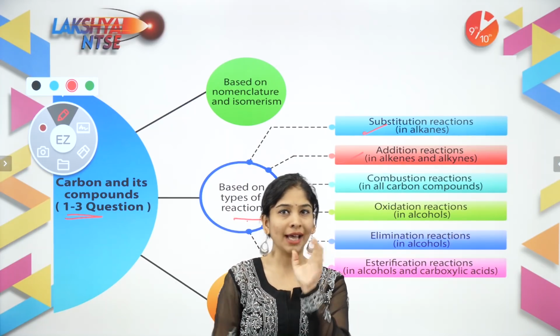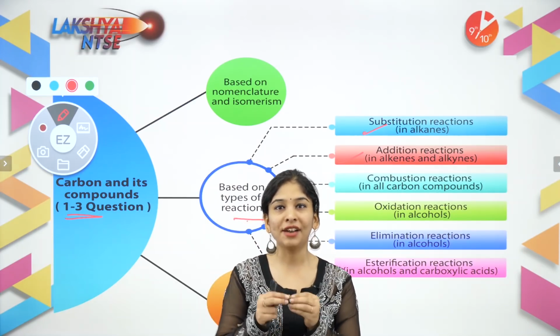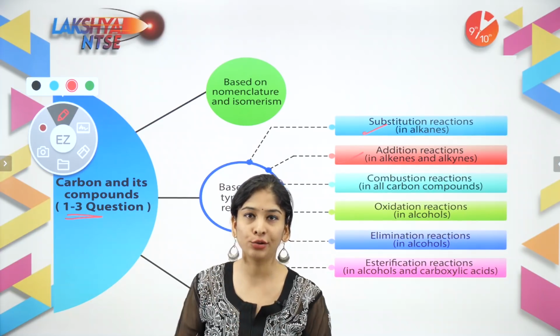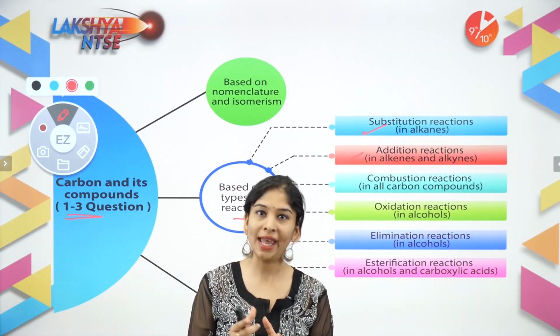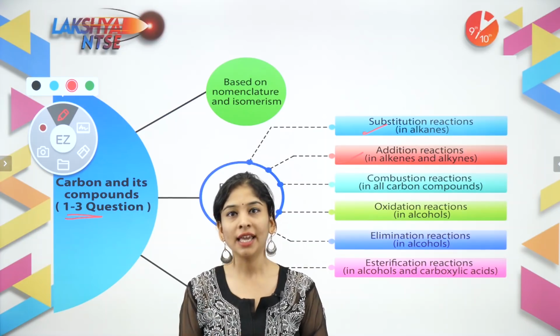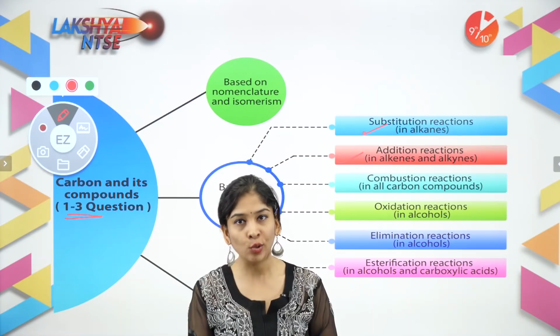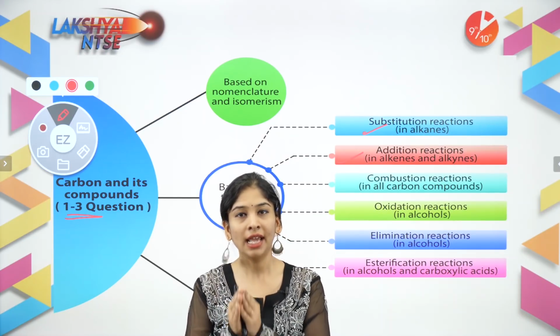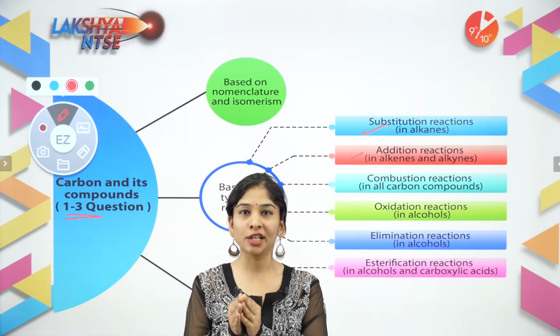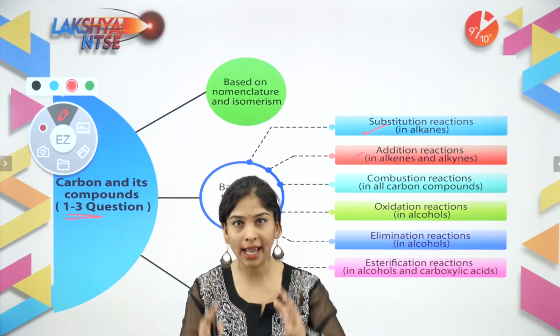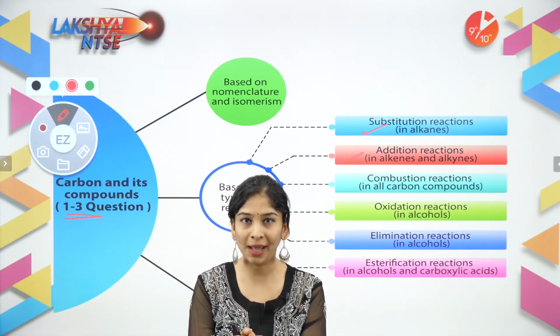So छोटा सा बात यहाँ पे याद रखनी है आपको, that whenever you burn a saturated hydrocarbon, saturated you know now alkanes and its derivative, then you will always get a blue flame when you burn it. Whenever you have less carbon content means that is going to burn properly in air and will give you a blue flame.